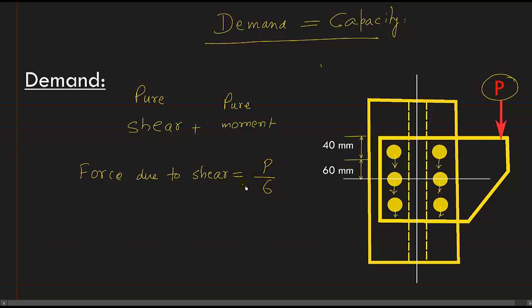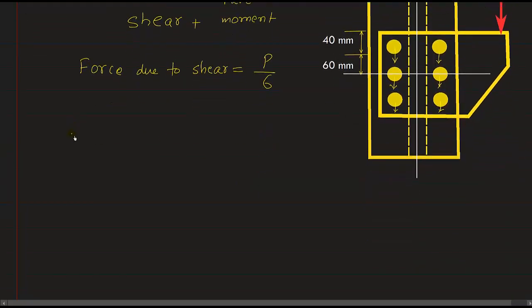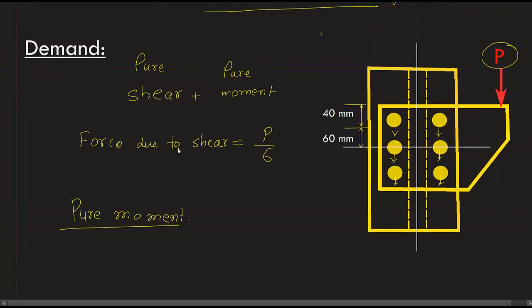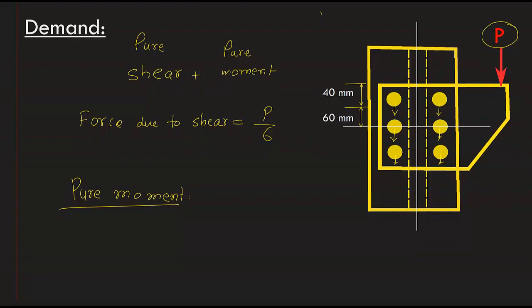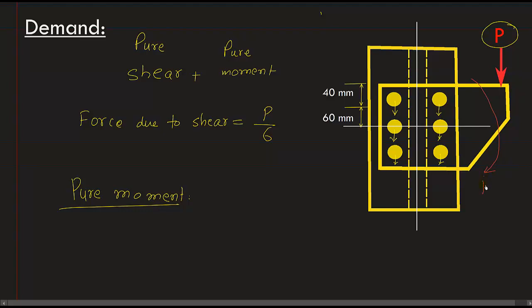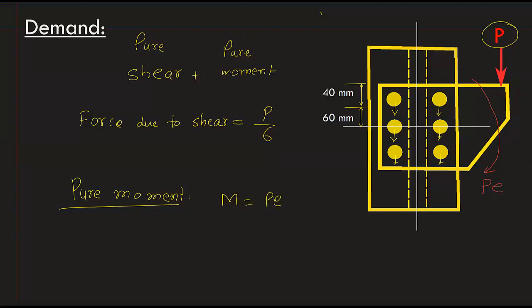Now we will consider the pure moment case. In this case, this force will apply a moment, and that is equal to PE. So my moment is equal to P times E. If you remember, in the previous classes we said due to moment these forces will be tangential.